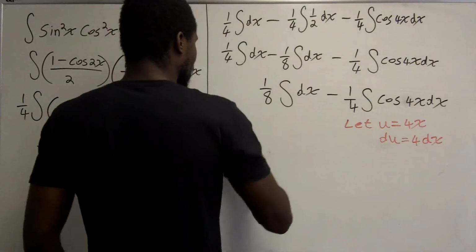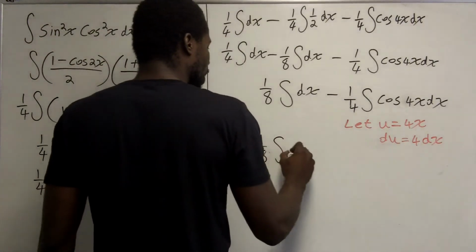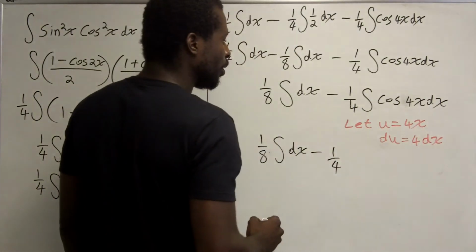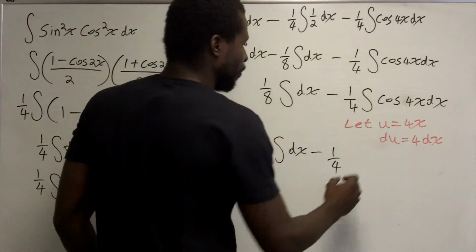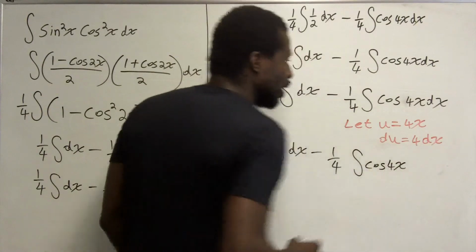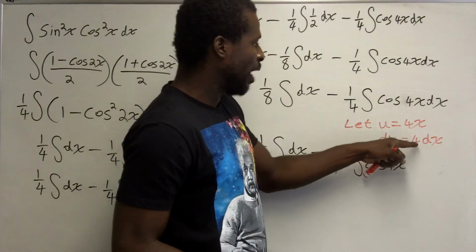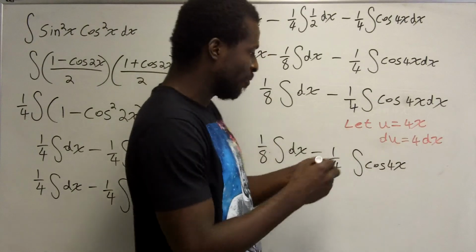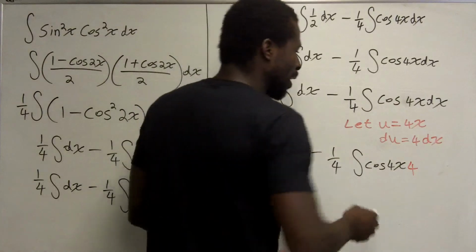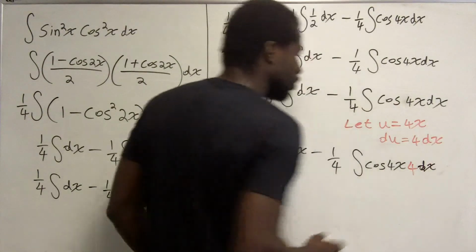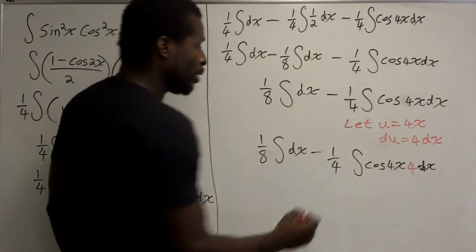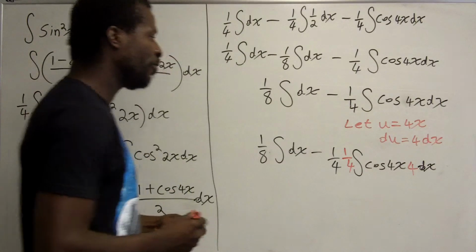It'll be 1/8 of the integral of dx minus 1/4 of, well, now if I want to do this integral, I have the integral of the cosine of 4x, but in order for me to have du, it would have to be 4 dx. I don't have 4 dx, I only have dx. So I'm going to put a 4 in so I can have du. 4 dx is du, but if I put that 4 in, I also have to divide by 4. So I put a 1/4 on the outside.